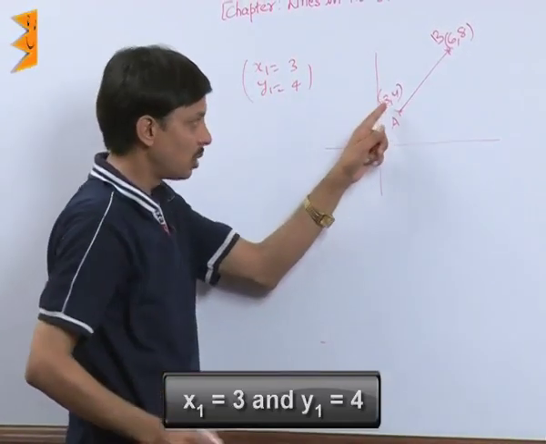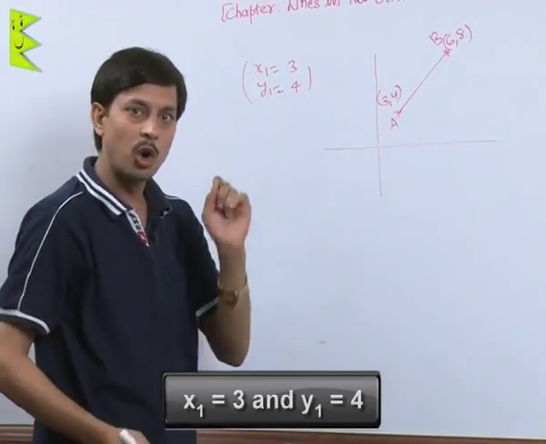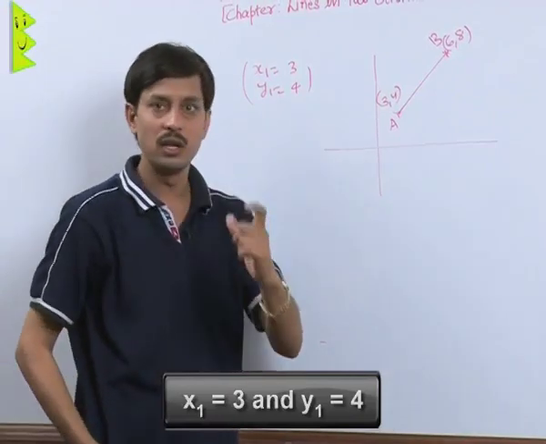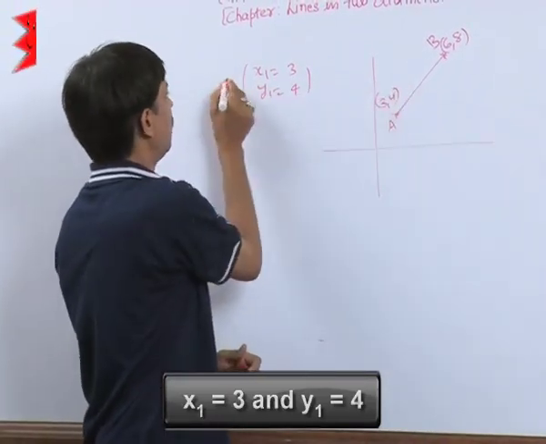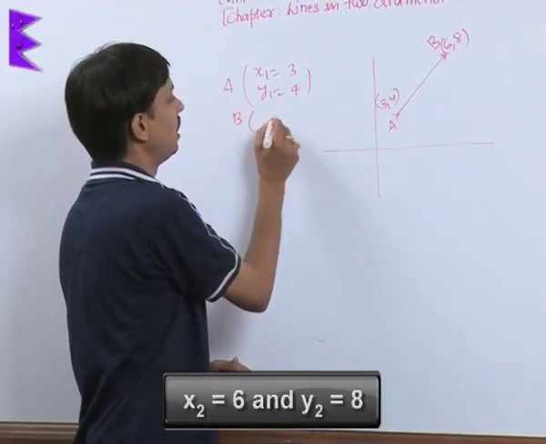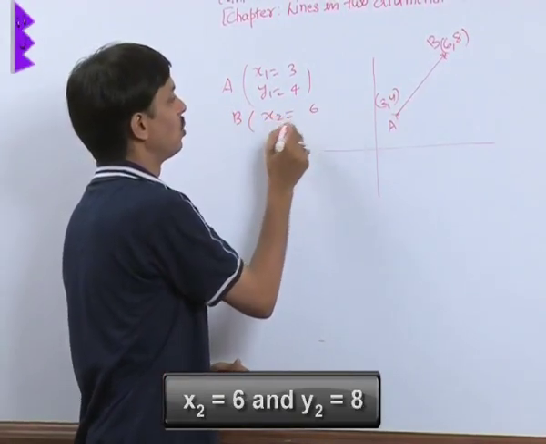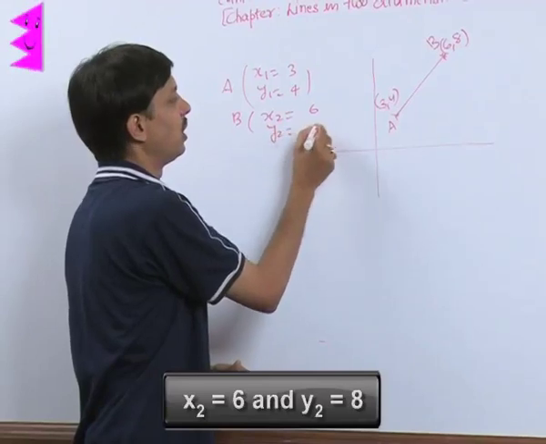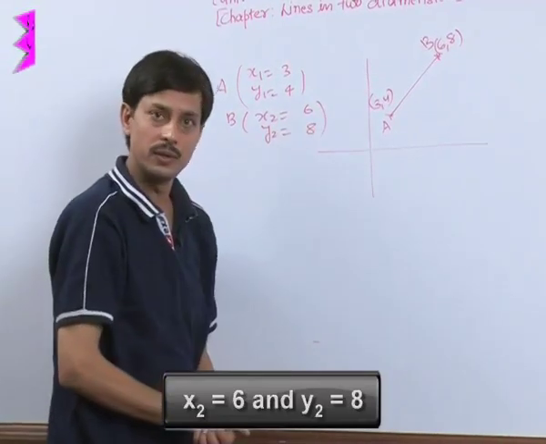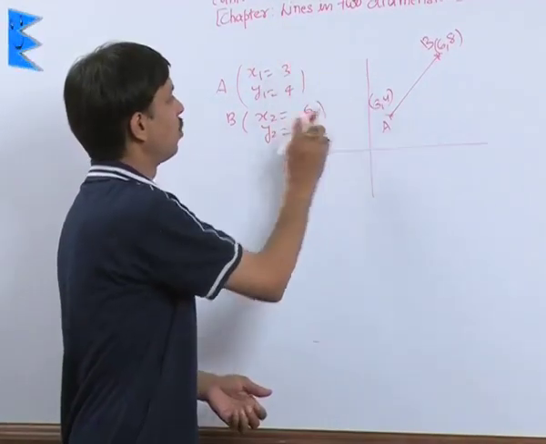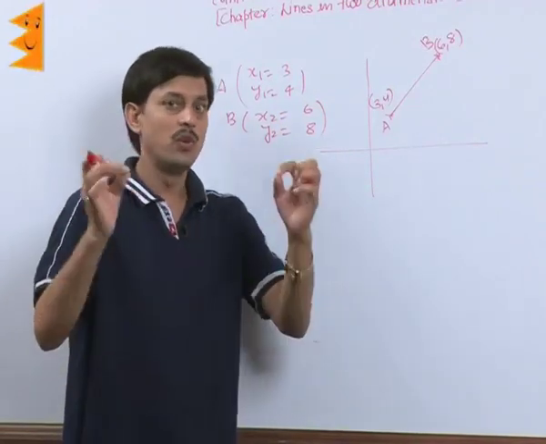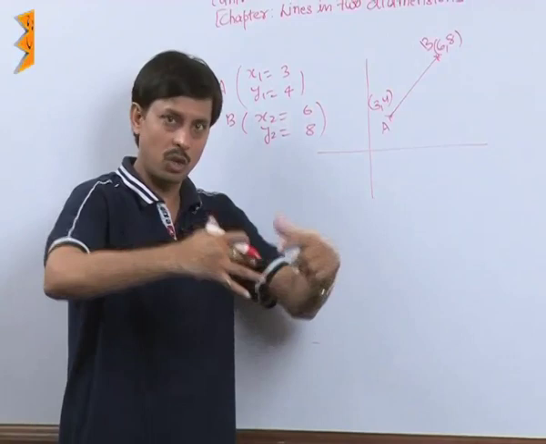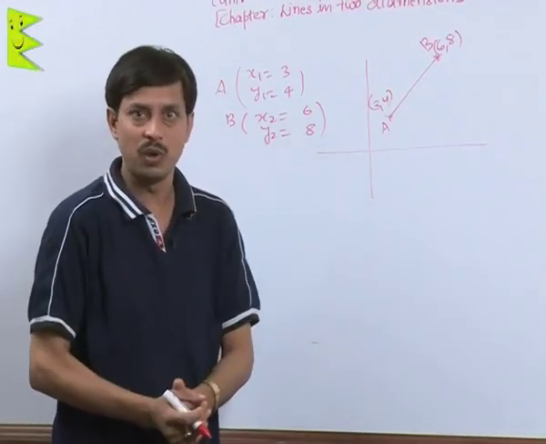That is the x1 and y1 coordinates of the point in the first situation, and in the second situation B, x2 is equal to 6 and y2 is equal to 8. x1 y1 and x2 y2 are the coordinates of the initial and final situation. We want to calculate the distance, or we want to apply the distance formula.